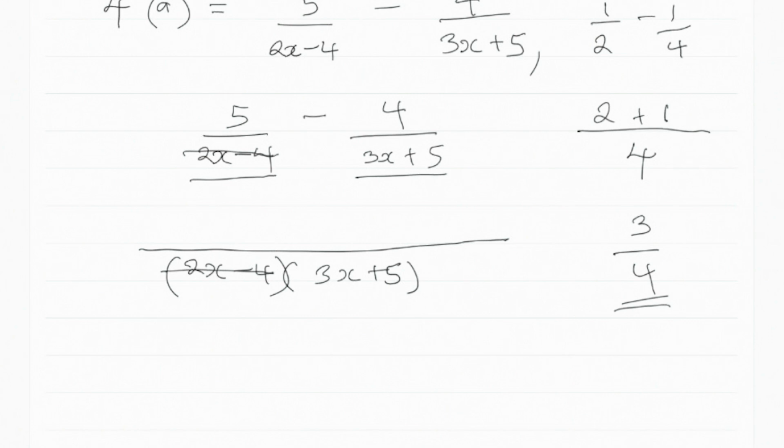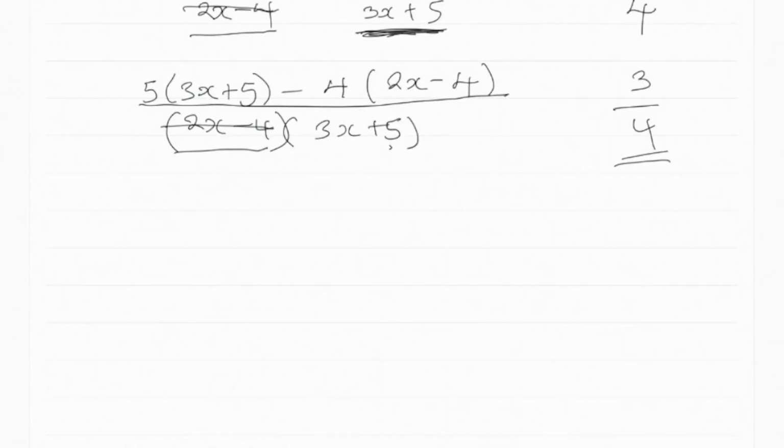So to make it easy, I'm going to say 5 times (3x plus 5) minus. Now we are dealing with this denominator. So 3x plus 5, when it goes into the common denominator, you remain with 2x minus 4. So we're going to say minus 4, then (2x minus 4), like that.